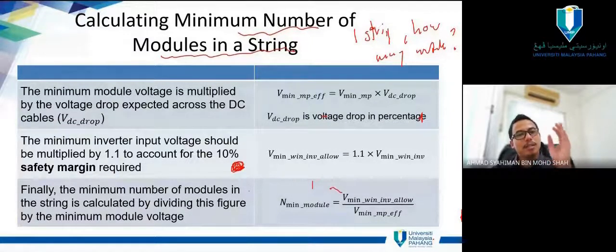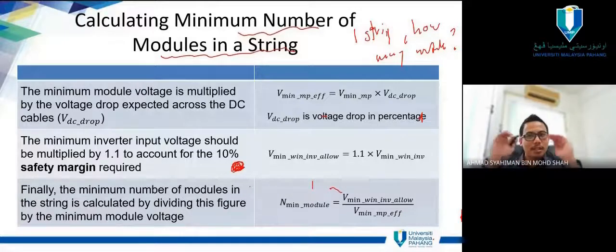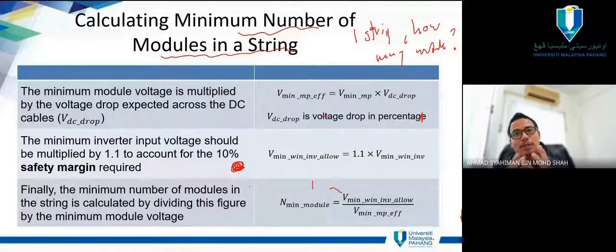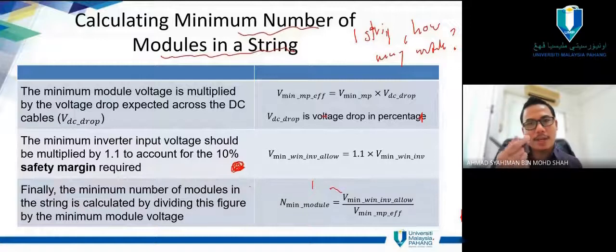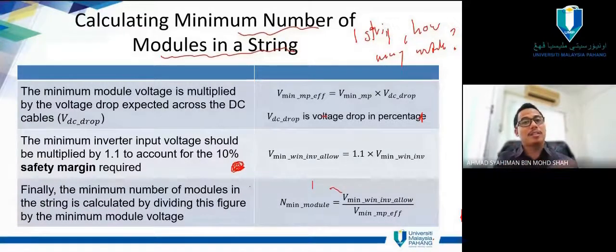Maksudnya apa? Tadi kita dah tahu inverter punya minimum dengan maksimum. Lepas tu lagi maksimum. Kita dah tahu value dia berapa. Tapi untuk kira minimum number of modules in a string, we need to consider some margin. Kita tak boleh ambil exactly 210 volt, for example, just now 210 volt kan.